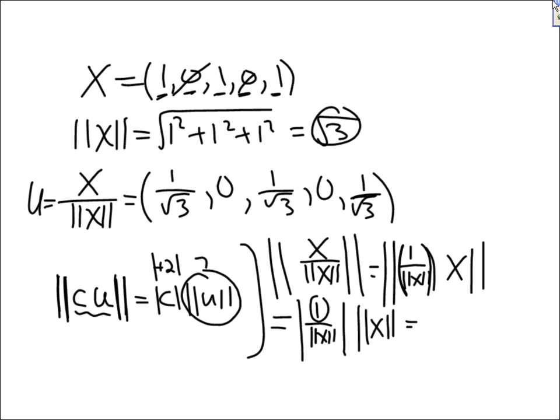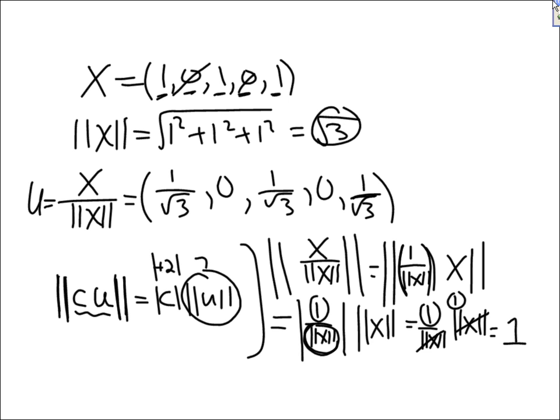But 1 is positive, and the length of x is positive. You can only convert a non-zero vector into a unit vector. So both of these are positive, which means I don't need the absolute value bars. That cancels out to 1. 1 times 1 is 1. Oh yeah, it's always 1.